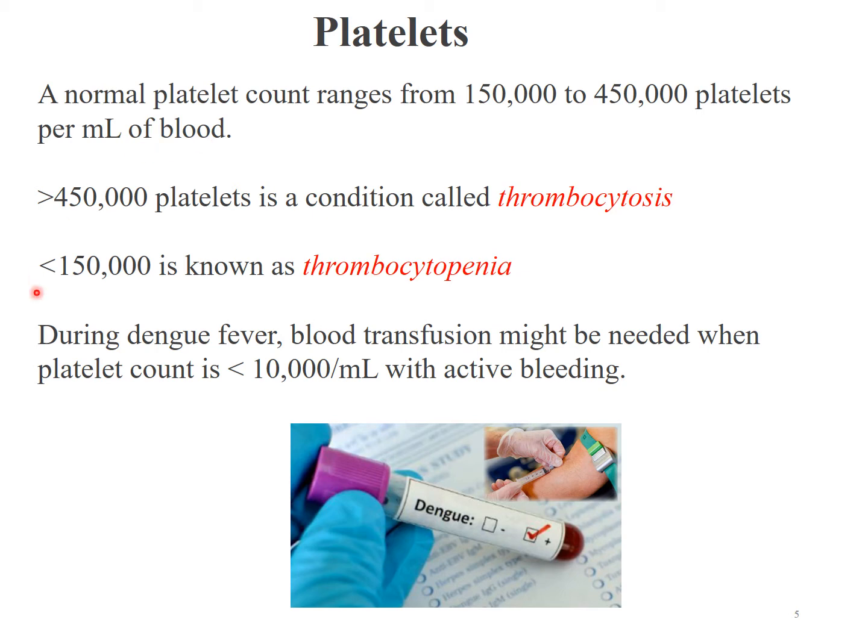This value can change depending on your health conditions, especially when you have something like a viral infection or even chemotherapy that can affect the function of your bone marrow cells, because all platelets are produced in your bone marrow. During fever or dengue fever, a blood transfusion might be needed when the platelet count is lower than 10,000 cells per ml because that can cause internal bleeding.